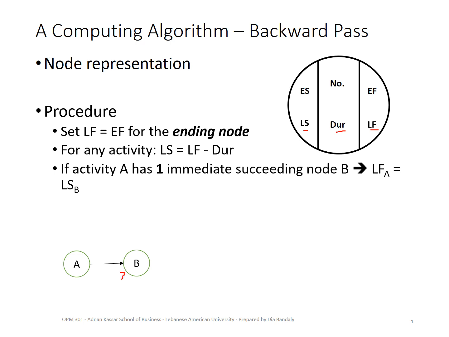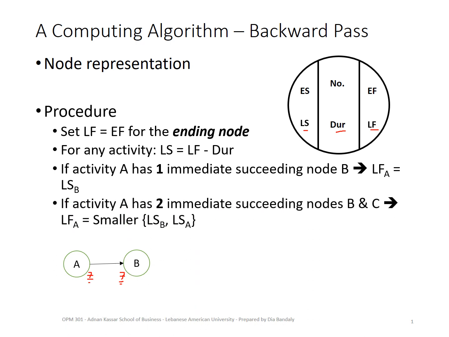So we are saying B can start at its latest by week 7. This will allow me to find the latest finish of A, which will also be 7, right? Since I'm allowing B to start at its latest by 7, I cannot allow A to finish at its latest more than 7. It has to be 7.